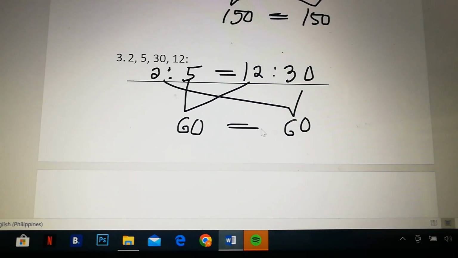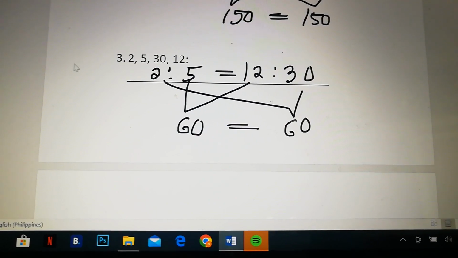Okay, so therefore, the proportion is 2 is to 5 and 12 is to 30, checked. So it is a proportion.